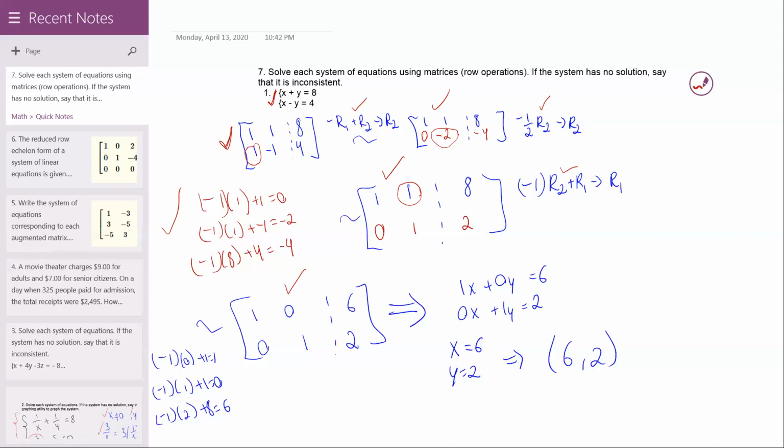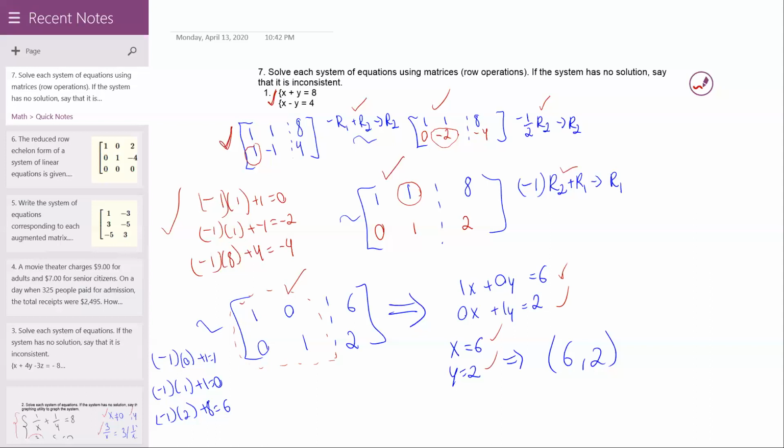And right here, I'm sure you'll talk about it soon if you haven't already, is the identity matrix. And this is important for a lot of stuff eventually. So here we write an equation. So we have 1x plus 0y equals 6, 0x plus 1y equals 2, which means x equals 6 and y equals 2.